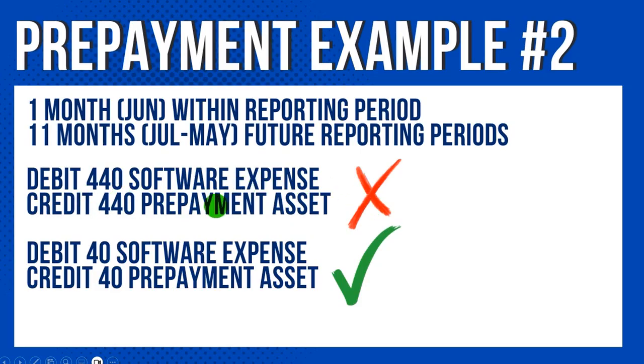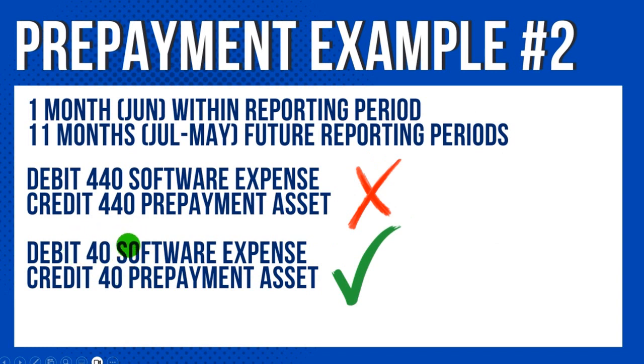Obviously this 440 will clear the prepayment asset, so the balance sheet might look a bit more tidy, but what you're going to have then is 440 showing in July. So when you do the July month end, you're going to have 440 software expense showing, which means you have to do another prepayment, and you'll just keep doing them and doing them. It's never ending. What you want to do instead is just slowly ease out that prepayment month by month.